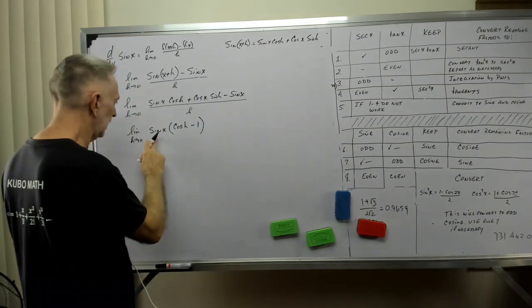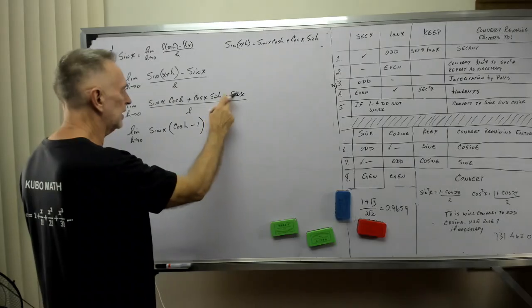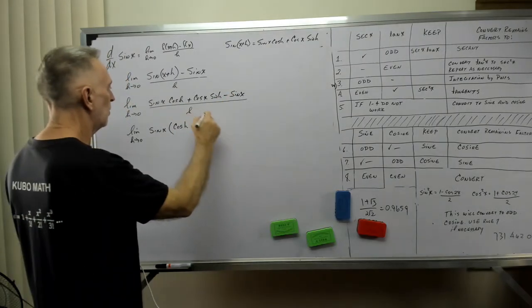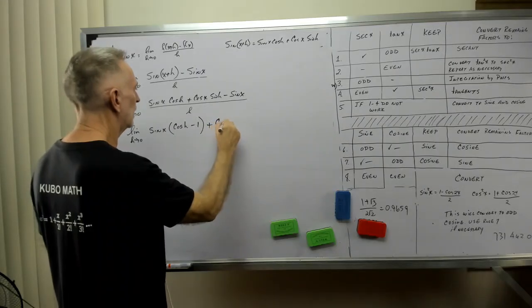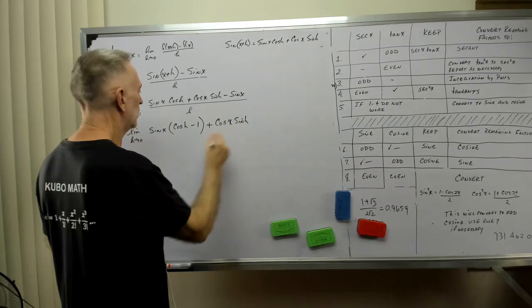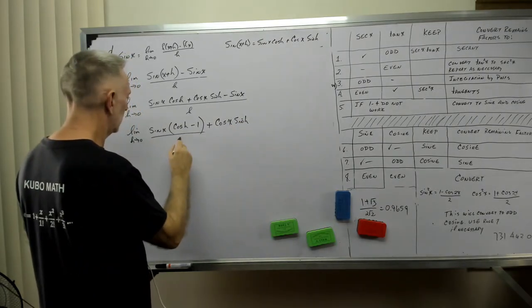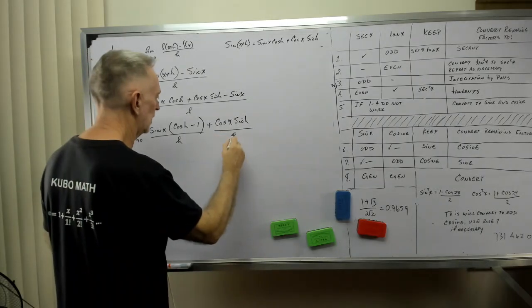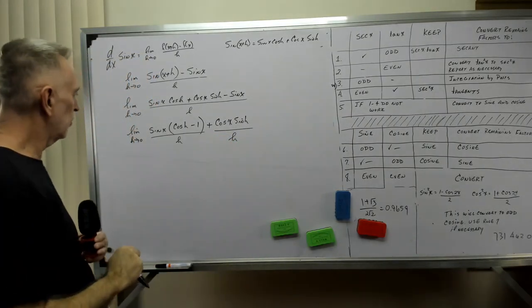Sine x times a negative 1 gives me the negative sine x here, plus the term cosine x sine h, all over h. I'm going to put this over h and that over h; it's the same as it all being over h.